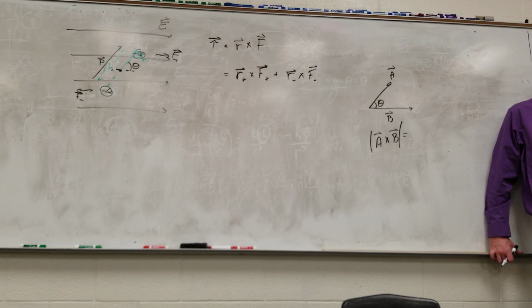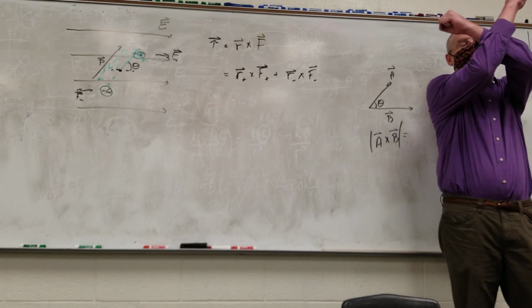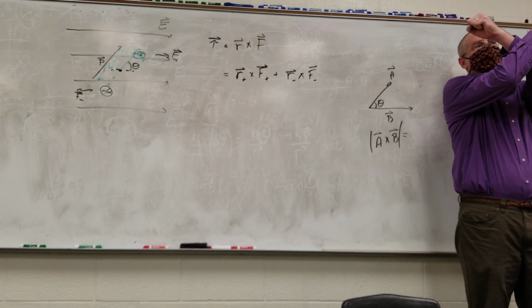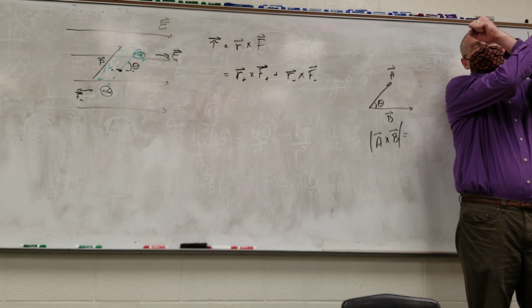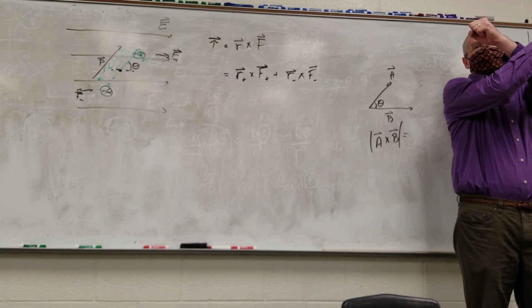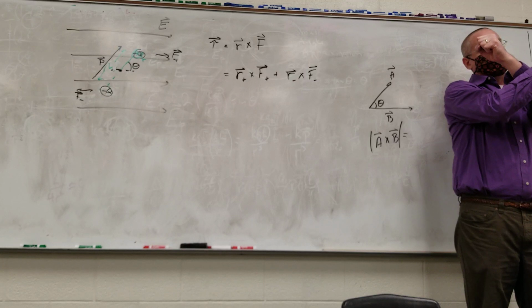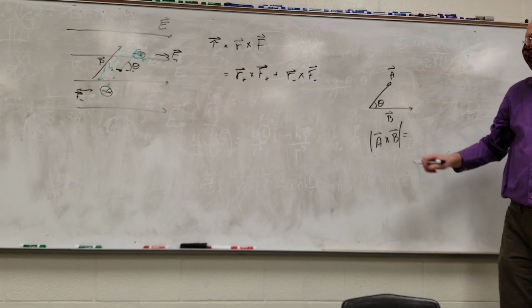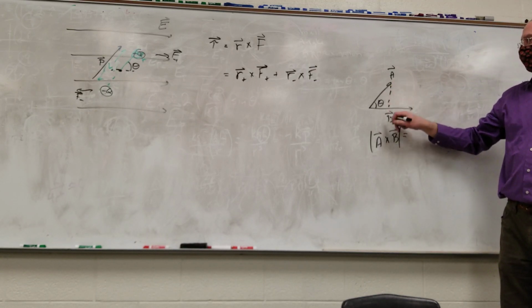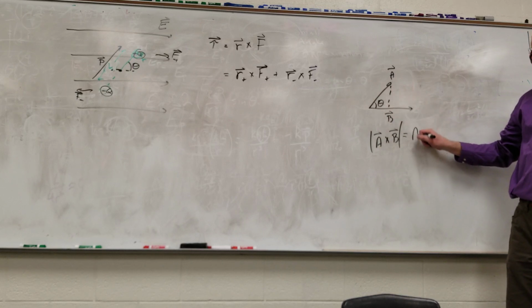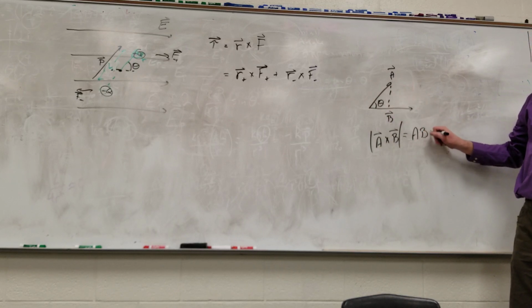Why sine? Cosine is for dot products. Perpendicular. Yeah. Cross product cares about perpendicular. If you think of the cross as two small little perpendicular line segments, that's potentially a memory trick for cross products caring about perpendicular. So the perpendicular component of A would be A sine of theta, so this is going to be AB sine of theta.